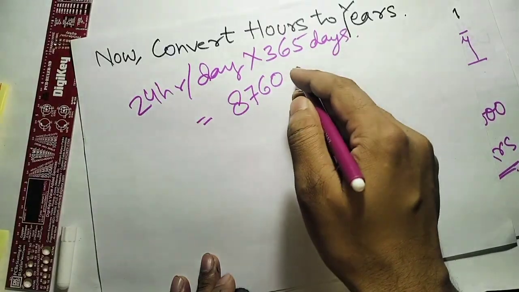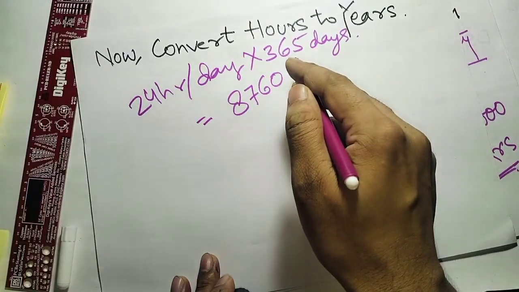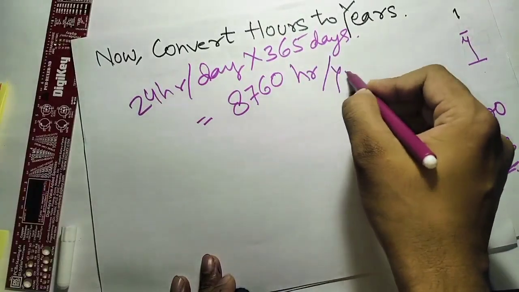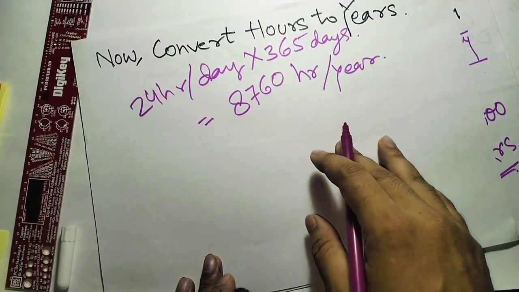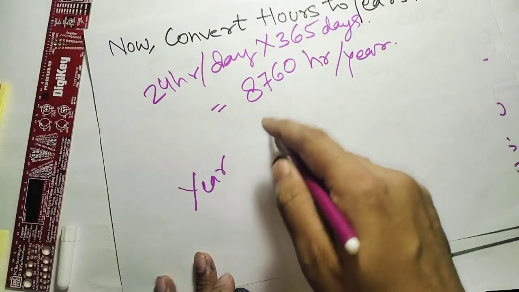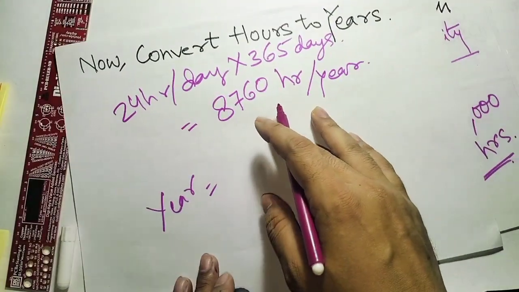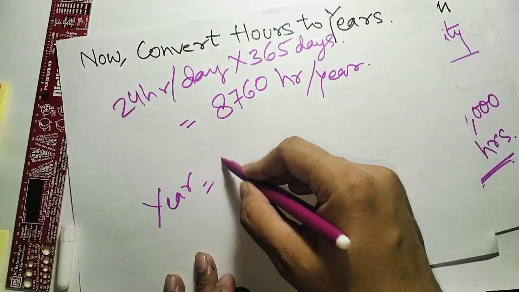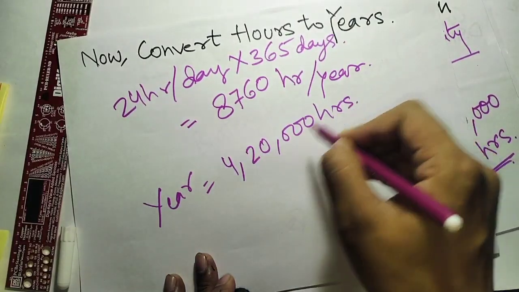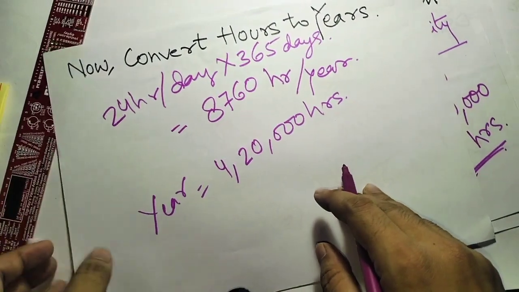After calculating it, we will have around 8760 hours per year. So to calculate the years, we use the 4,20,000 hours which we have from the previous values.